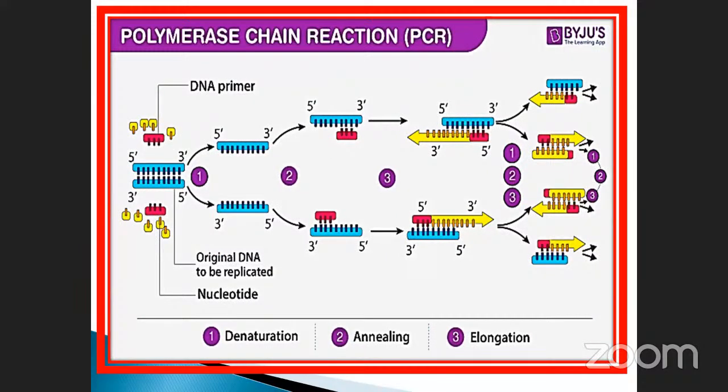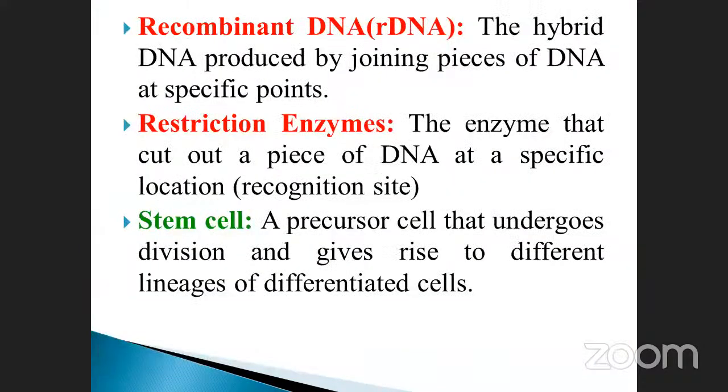Already we saw it. And then the next one is recombinant DNA. So what is the meaning of recombinant DNA, my dear? Recombinant DNA is simply called rDNA. The small r denotes recombinant, the first letter of recombinant. The hybrid DNA produced by joining pieces of DNA at a specific point is called recombinant DNA.